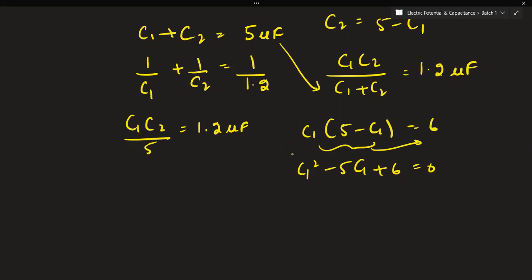So this will be what? 6, 3 and 2. 3 into 2 is 6, and 3 plus 2 is 5. So C1 will be 2 microfarad and the other one will be 3 microfarad.